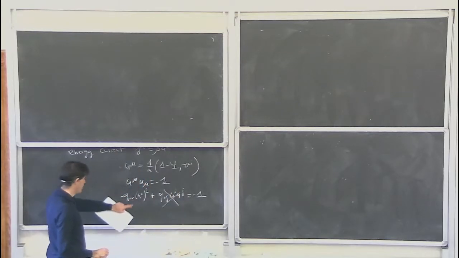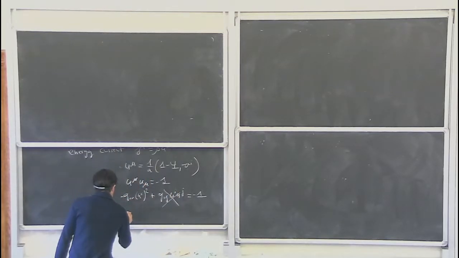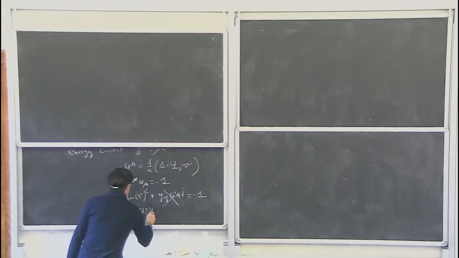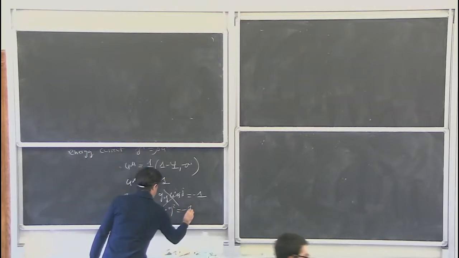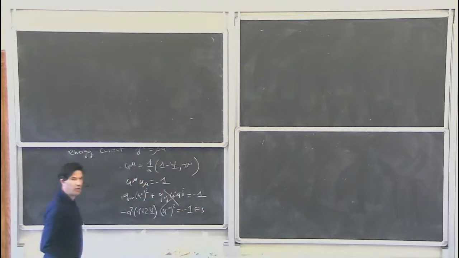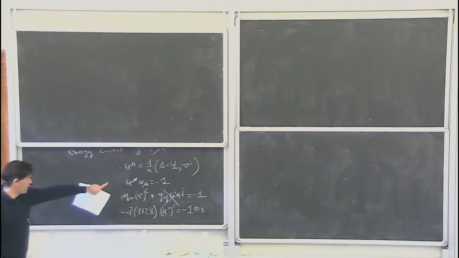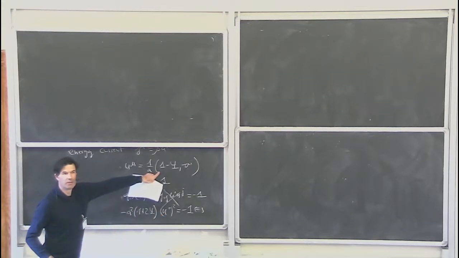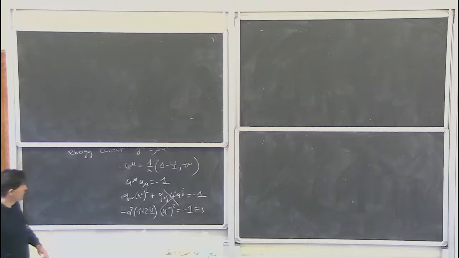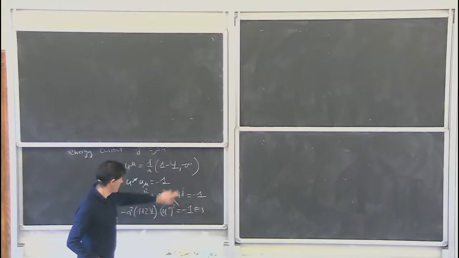So what you have is what is here, and then this is just minus a squared 1 plus 2 psi mu naught squared is minus 1. So this implies that to satisfy this normalization condition, you need to pick mu naught to be exactly what I wrote here, okay? And then this you don't have to worry too much, because this is the square of this, obviously second order.